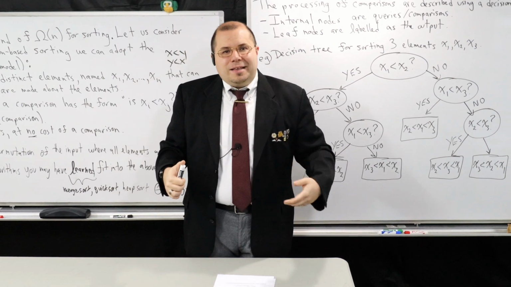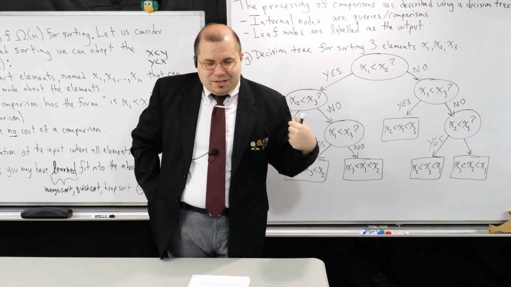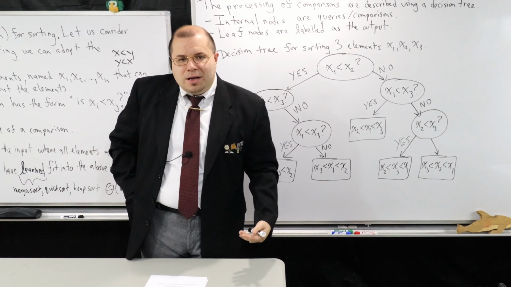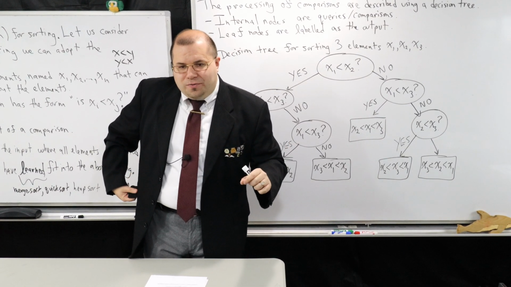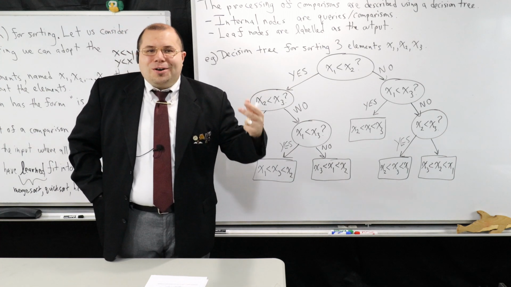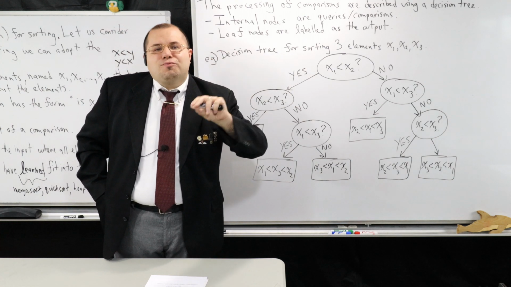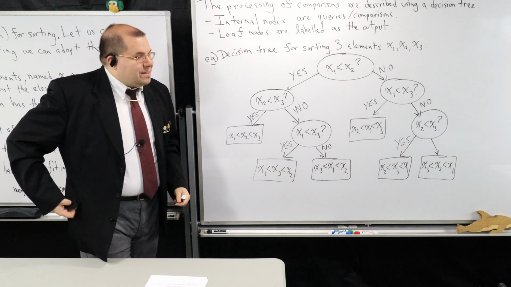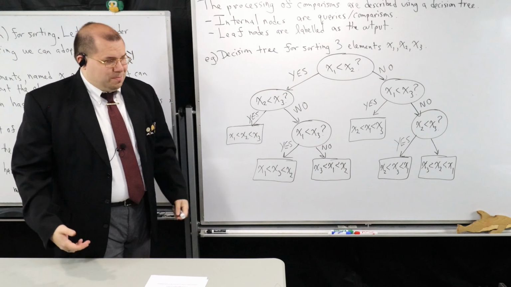Deterministic means that every time I run the input, it does the same sequence of operations for a given input. If I give you a different input, it might do something else, but for one input, there is no randomized behavior happening. So that's the context in which I'm using this term.